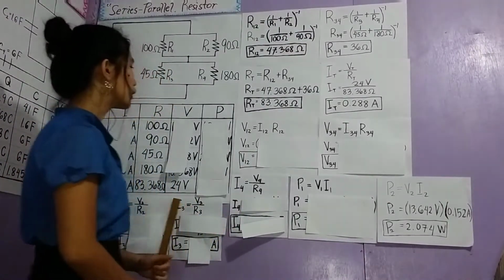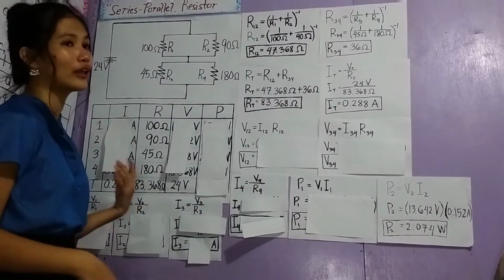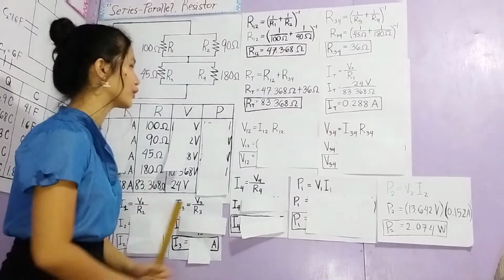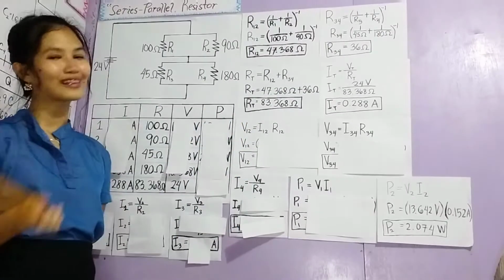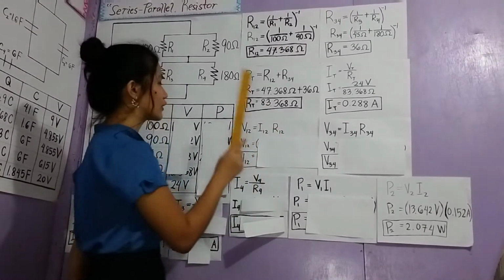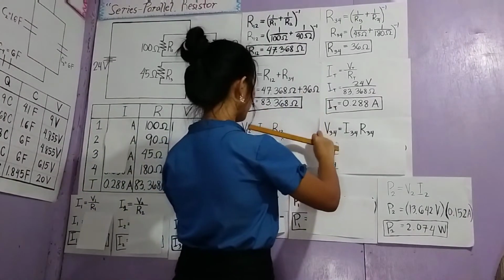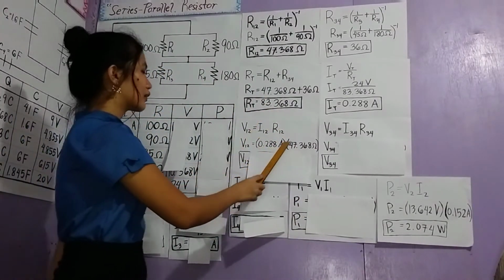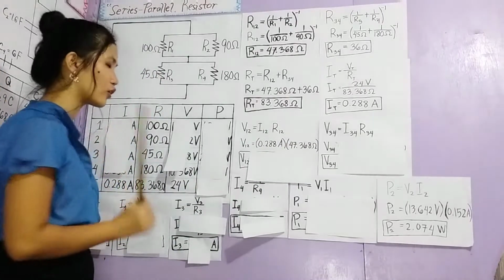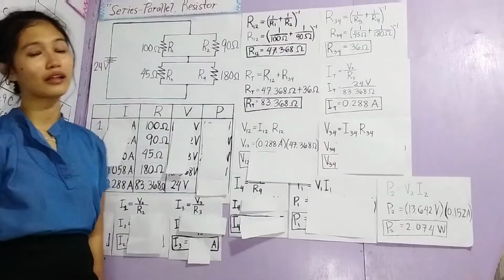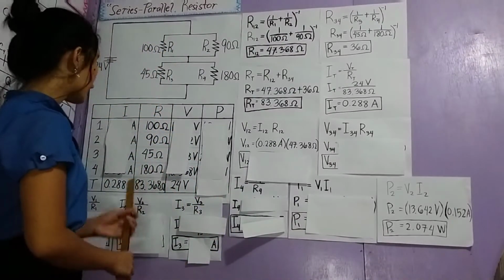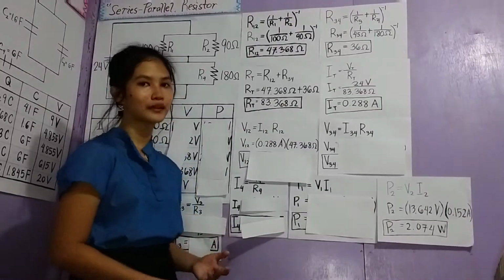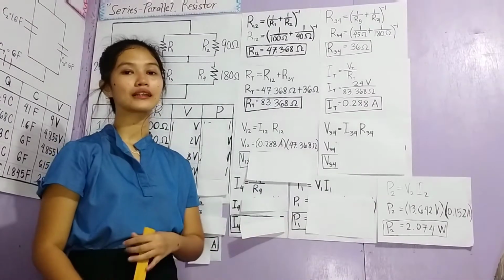So first we have V12, the combination or parallel of V12 equals I12 rather. I12 times R12, and put down their value, we have 0.288 amp times 47.368 ohms. Like I said earlier in the series parallel capacitor, the first value of V1, V2, V3, V4 is 0.288 amps because that is the law of the series.